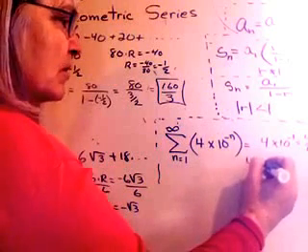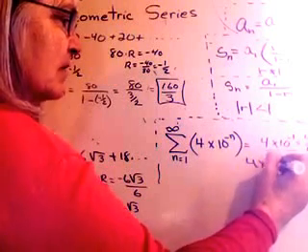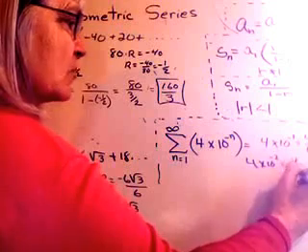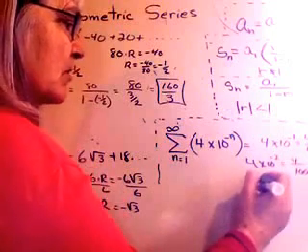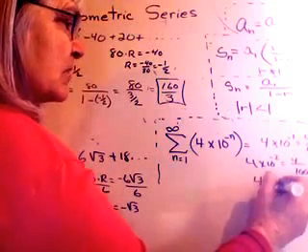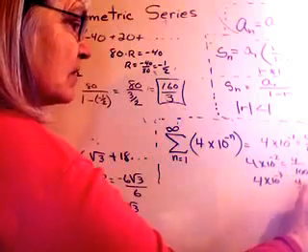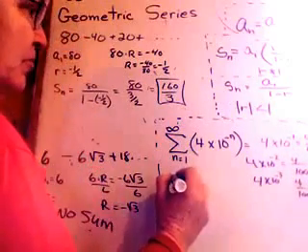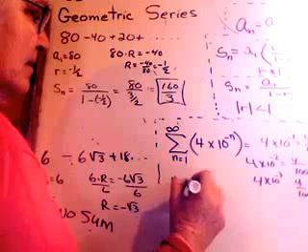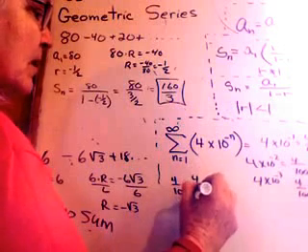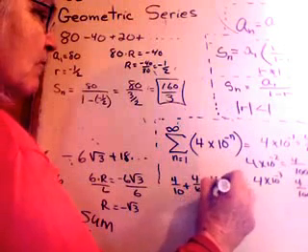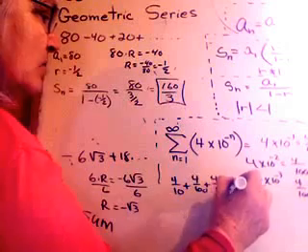That would be 4 times 10 to the negative 2, or 4 over 10 squared, 4 over 100. What's the third term? 4 times 10 to the negative 3, 4 over 1,000. All right, so now I have 3 of the terms. 4 over 10 plus 4 over 100 plus 4 over 1,000, and so on.